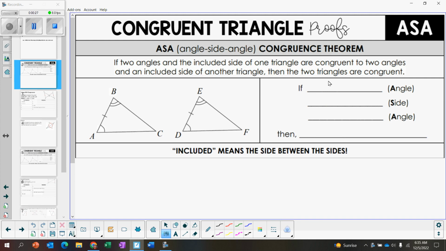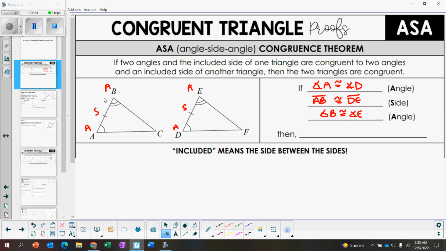So if angle A is congruent to angle D, right, that's an angle. Side AB, or segment AB, is congruent to segment DE. That's a side. And angle B is congruent to angle E. That's an angle.